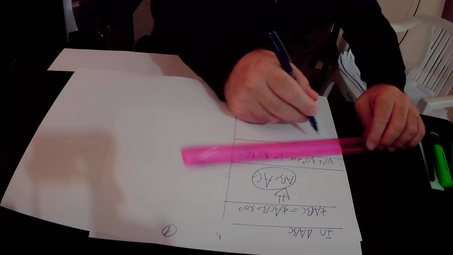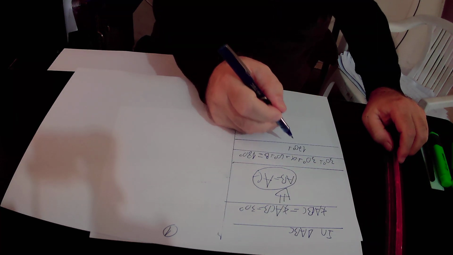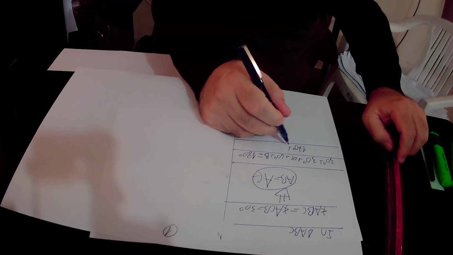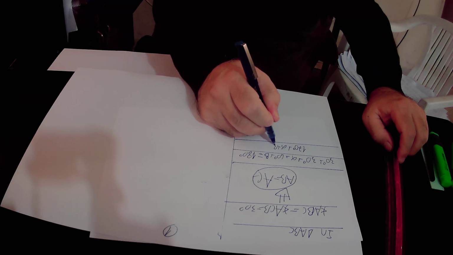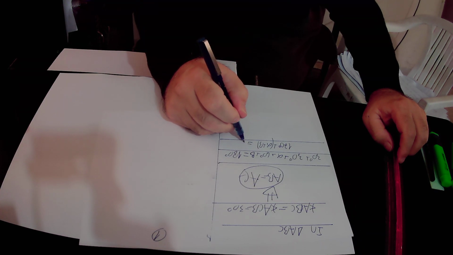120 degrees plus alpha plus beta, in total they equal 180 degrees.